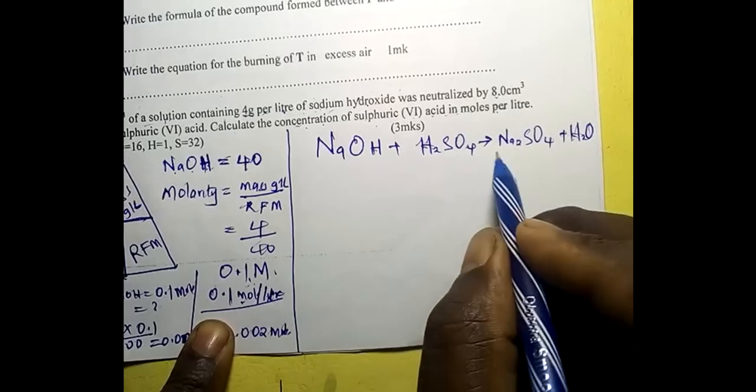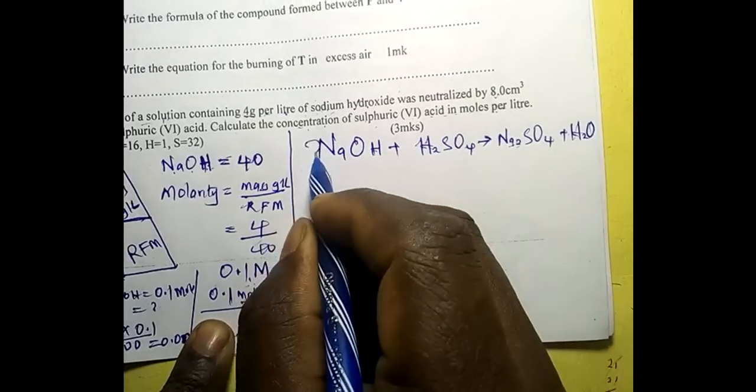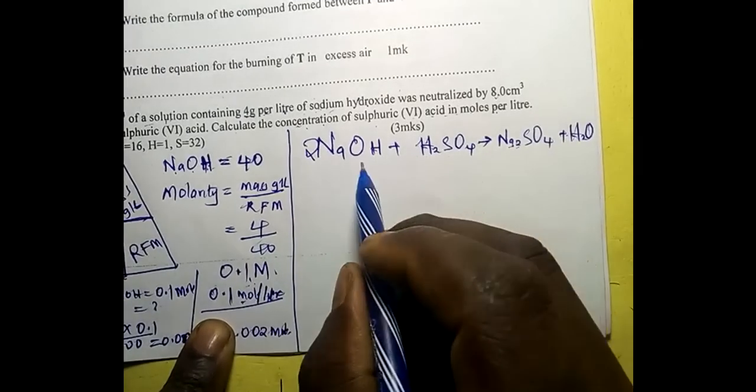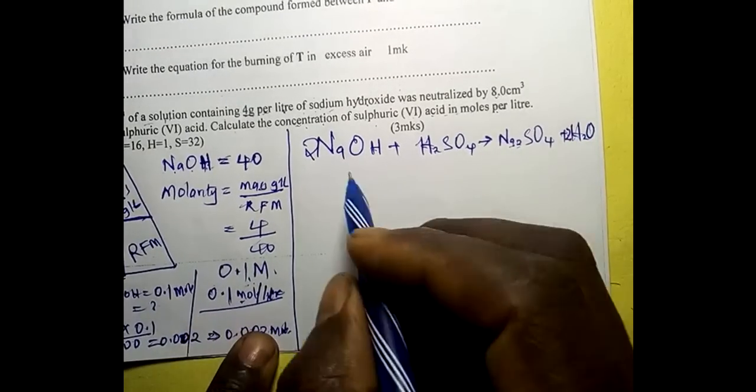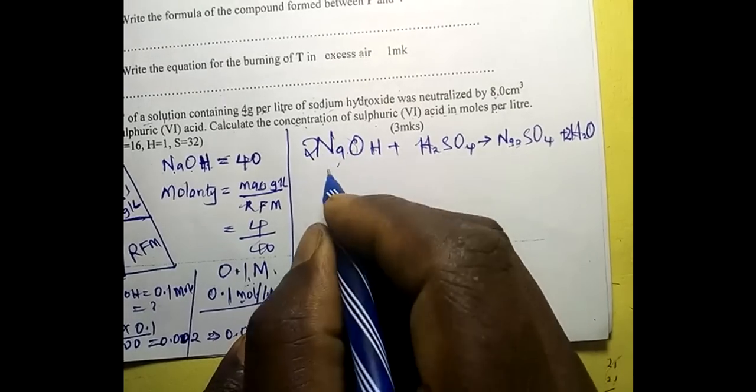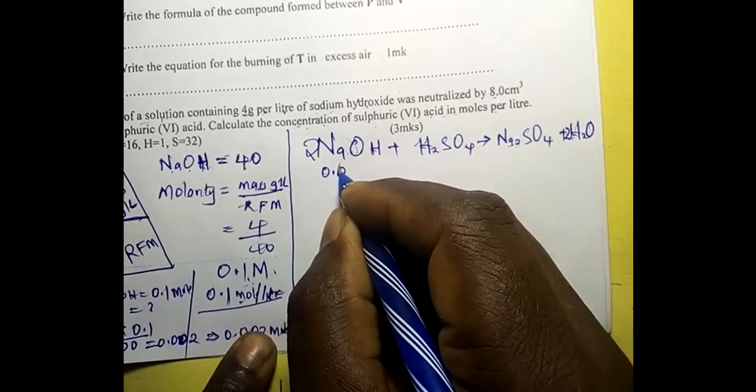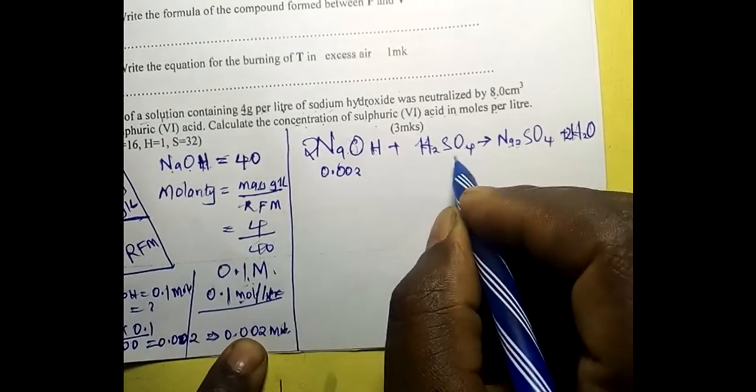So we need to balance the equation. Sodium here, there are 2, so we put a 2 here. Hydrogens, these are 4, so we put another 2 here. But we have the number of moles of sodium hydroxide, which is 0.002, that reacted with this.